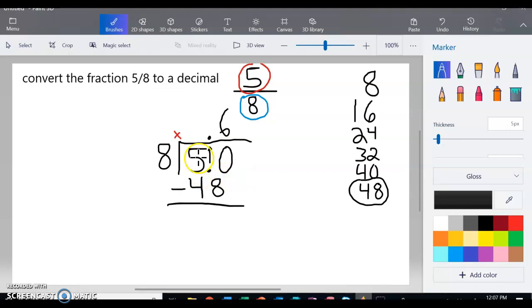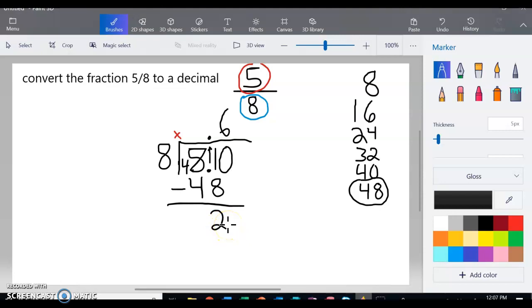So now this gives us 50 minus 48. You do not need to worry about the decimal that's right here whenever you're subtracting. Just subtract it like a normal problem. So 50 minus 48 leaves me with 2. I have to put 1 right here. So 10 minus 8 is 2.